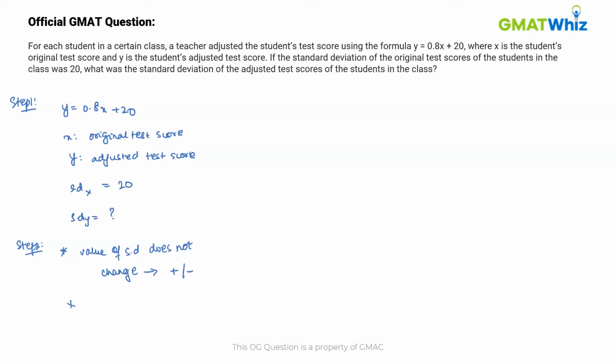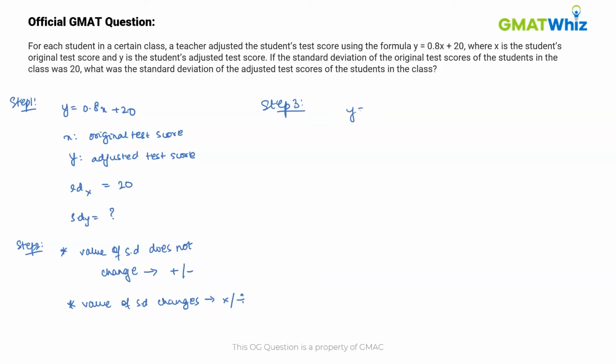And the other point is that the value of standard deviation changes when we multiply or divide by any constant. Keeping these 2 points in mind, we move on to step 3 and calculate the standard deviation of the adjusted scores.